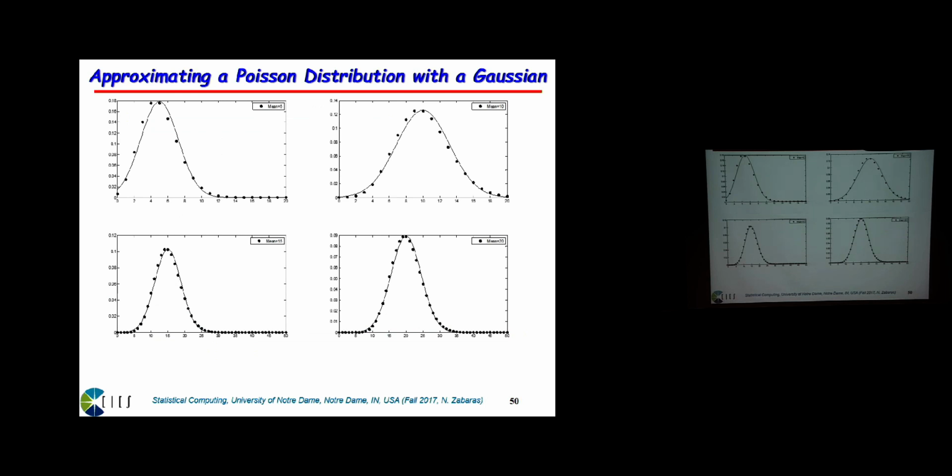So here's a plot of how a Gaussian distribution using the central limit theorem approximations looks to be a very good approximation of a Poisson distribution, especially when theta is high value. Okay?